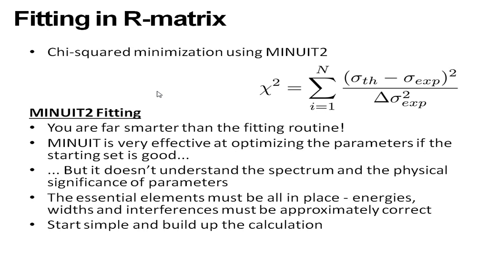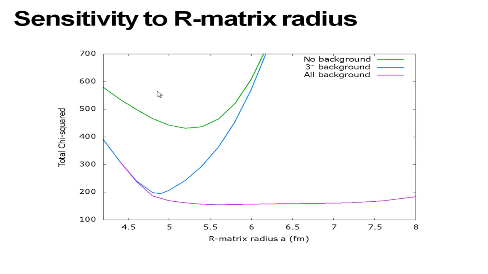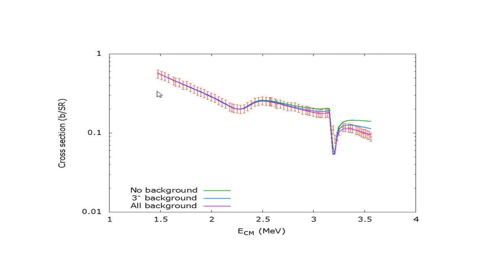We can all see, if we look at something like this and we know this state has an energy, that if we change the energy, it's going to shift this resonance to the left or the right. So we can see by eye that if we increase that energy, it will improve the fit in a particular way. But Minuit doesn't understand that.